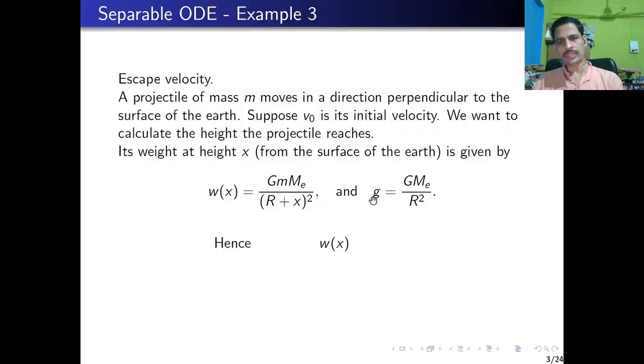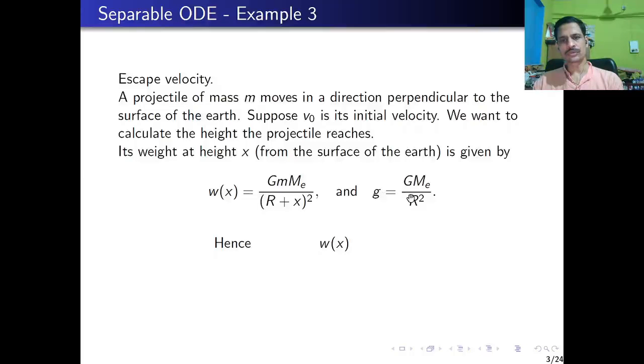We also note that the acceleration due to gravity on the surface of the earth, which is denoted by small g, is equal to capital G times Me divided by r square, where G is the gravitational constant, Me is the mass of the earth, and r is the radius of the earth.